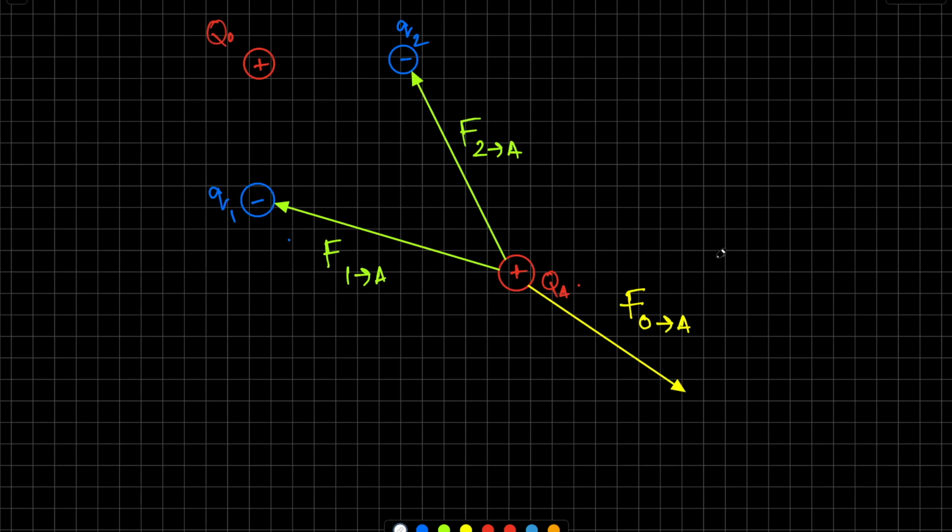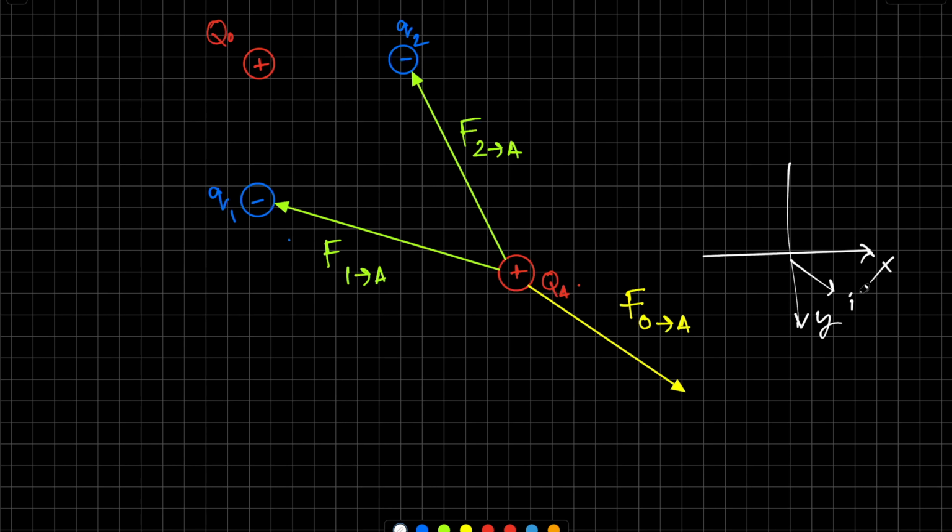Now, this is my x-axis, and this is my y-axis. The problem here is none of the forces are on any of the axes, right?